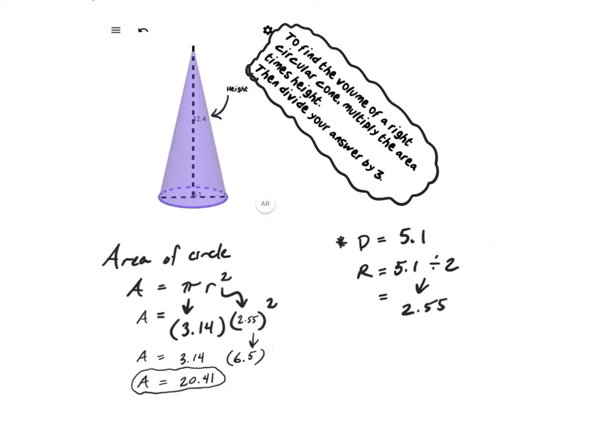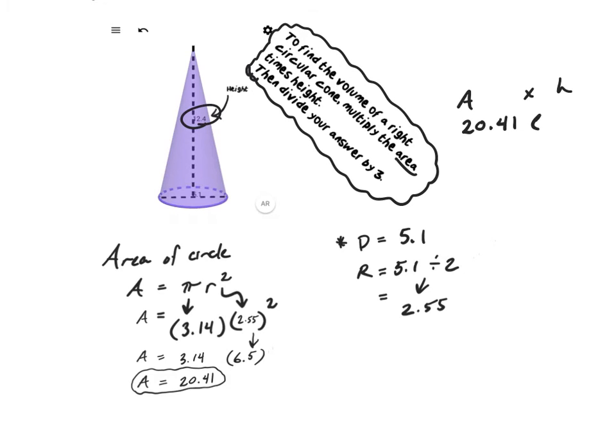Just as I stated before, to find the volume of a right circular cone, you have to multiply the area, which we just found. The area is 20.41, and we have to multiply that times the height. The height is given there, which is 12.4.